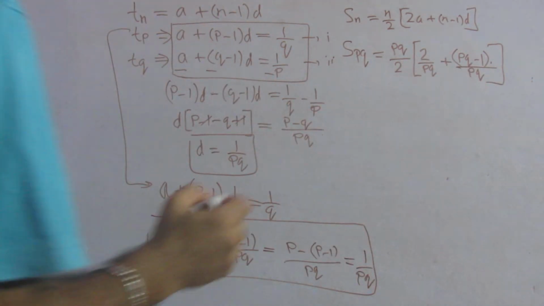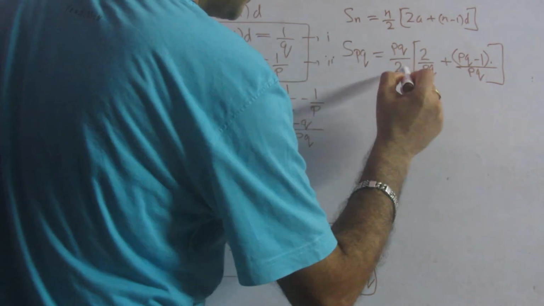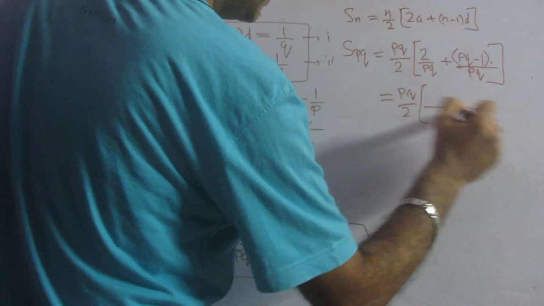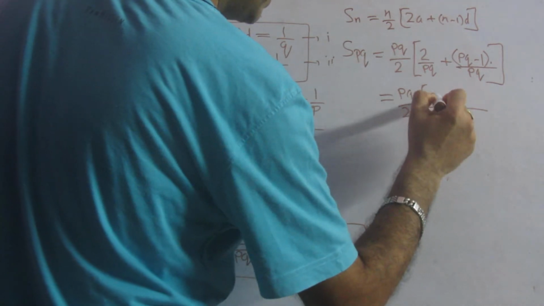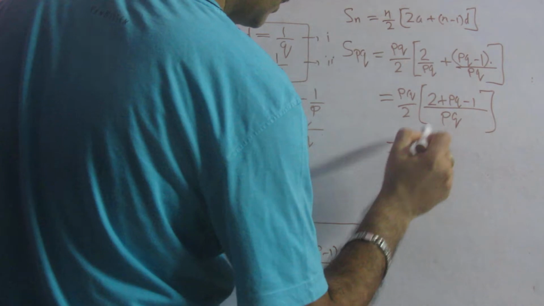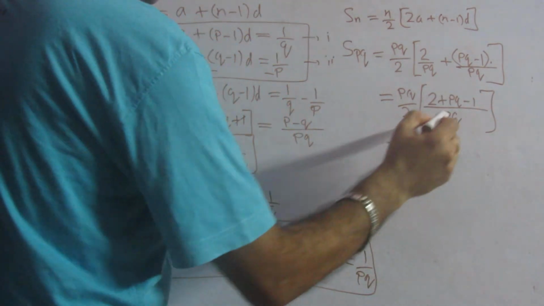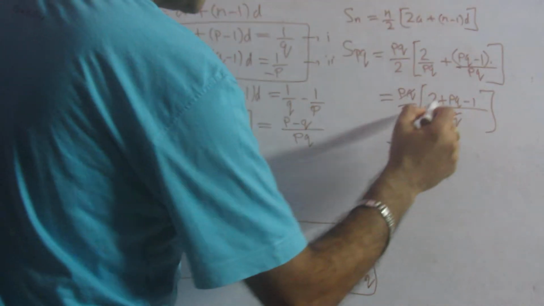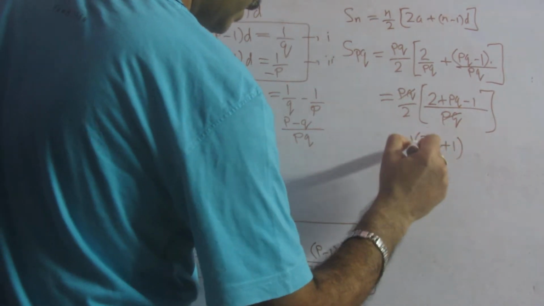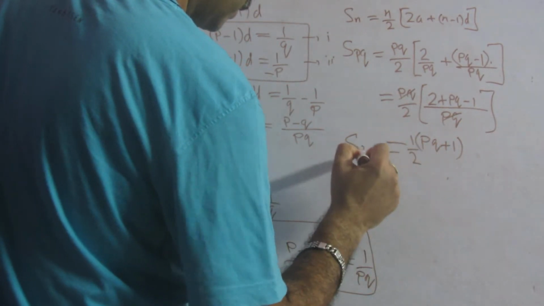Okay. Now let us solve this. So this would be pq upon 2, and the denominator is common, so we get (2 plus pq minus 1). So 2 minus 1 is 1, and this pq knocks this pq off, so we get (pq plus 1) into 1 by 2.